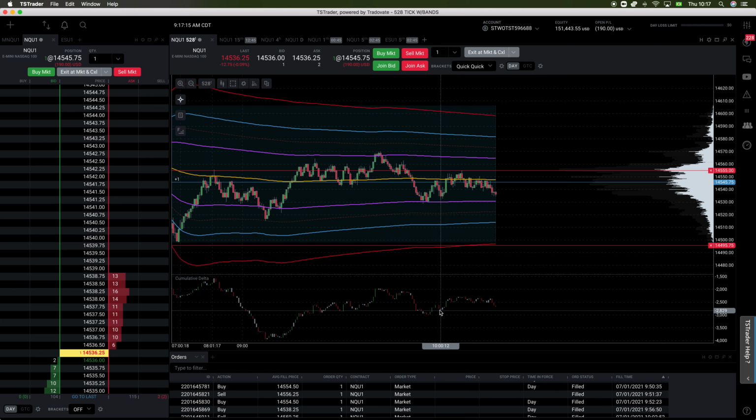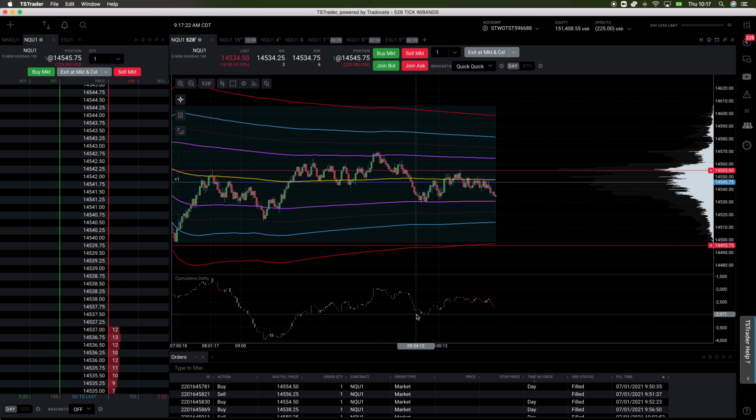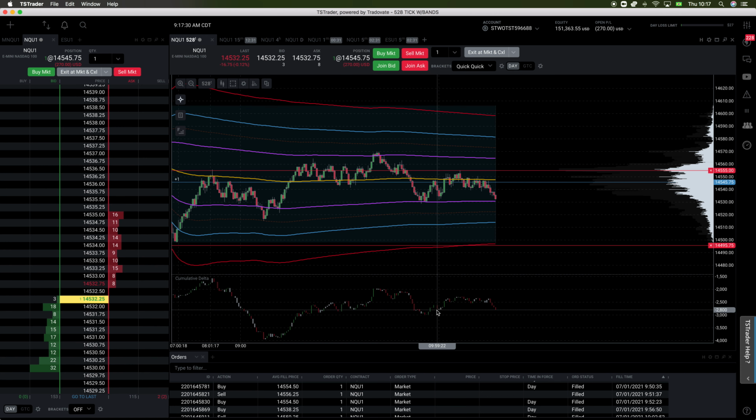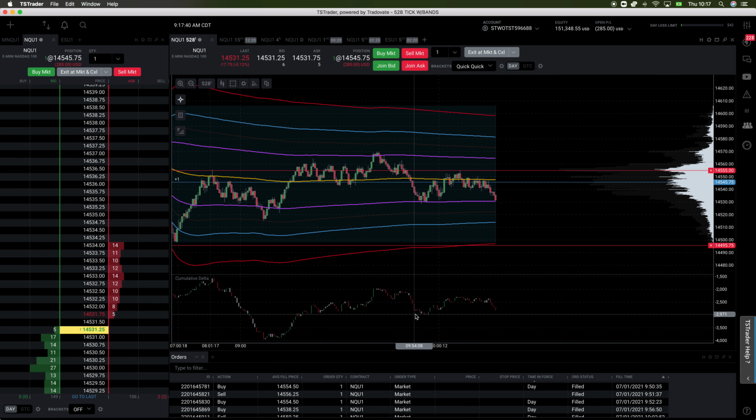Delta is not breaking this structure so far. Moving down to this first level of structure. Kind of breaking through.